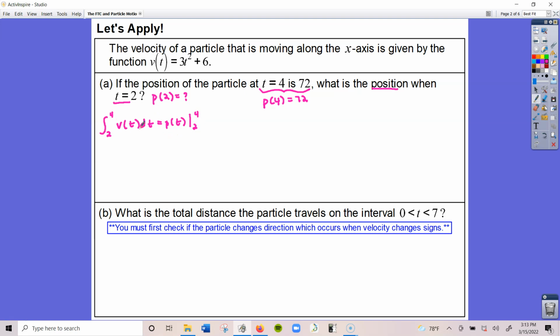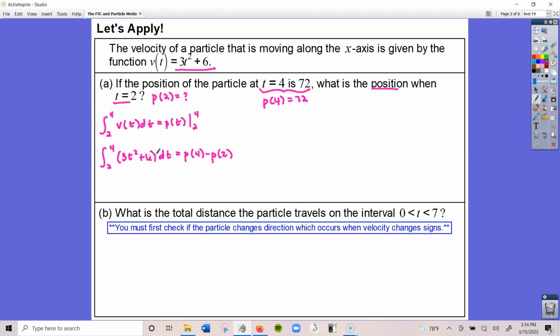Now, over here, we learned how to do this if we're given some values or if we're given a graph. But here, I don't have that, but I do have the equation. So I'm going to substitute v of t with the equation that's given. So I'm going to evaluate the integral from 2 to 4 of 3t squared plus 6 dt. And this is going to equal p of 4 minus p of 2.